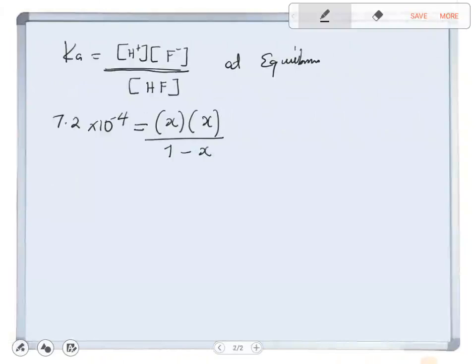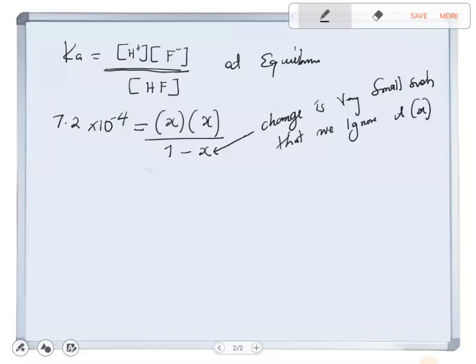Now, you can solve this using the quadratic formula, or, because the change is very small, we ignore the x at the bottom.